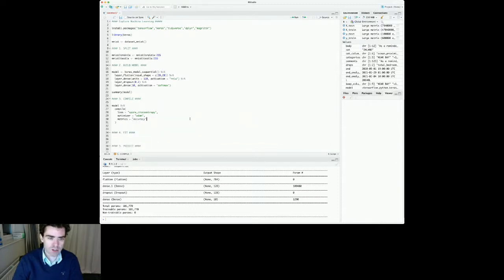This is just standard. What we saw before was measuring for accuracy. That's what you're generally going to want to be doing. Okay, actually no, I'm sorry, I made a mistake there. Sparse categorical entropy. Yeah, I think this is correct.